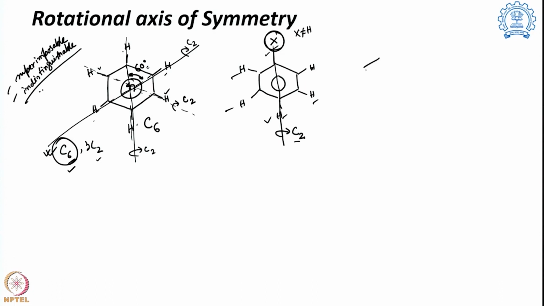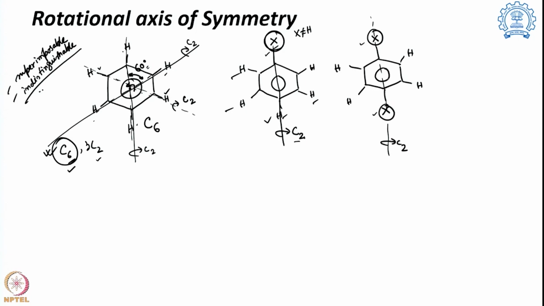Now, let us look into the other benzene rings we have proposed. So, over there we can have this one, the disubstituted one. Similar to the monosubstituted one, one C2 is still present over here, and there are other C2s also present because of the presence of the 2 X groups.